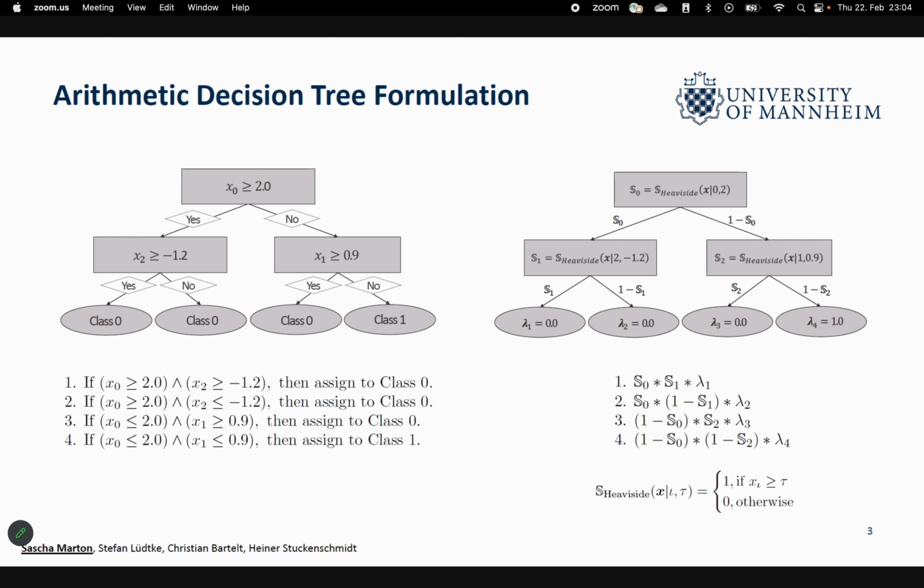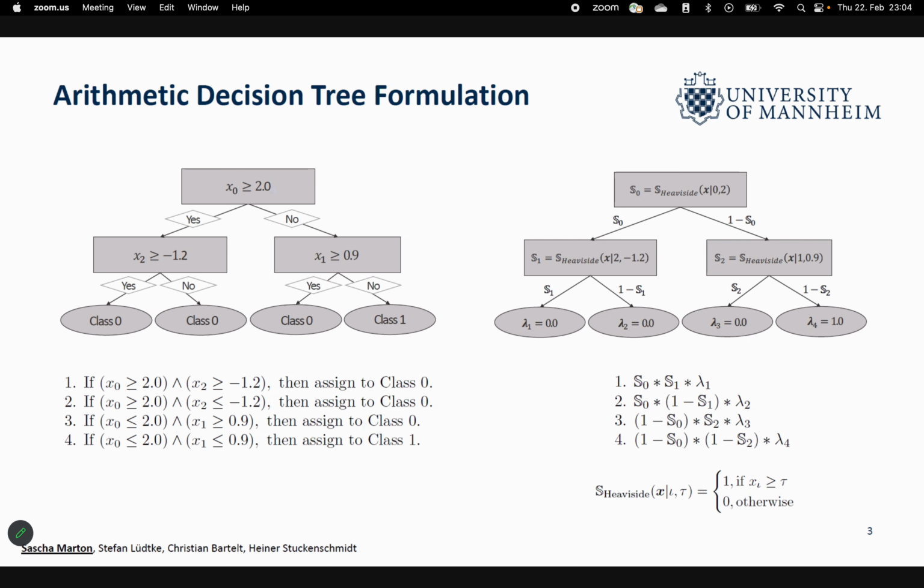If we now replace all internal nodes with these Heaviside step functions, then we can define the decision tree by multiplying the results of each path. If we then take the sum of all paths, this results in the prediction of the decision tree, which is the same prediction as the decision tree on the left. Now the Heaviside step function, of course, still is non-differentiable, so we did not solve the differentiability issue yet.